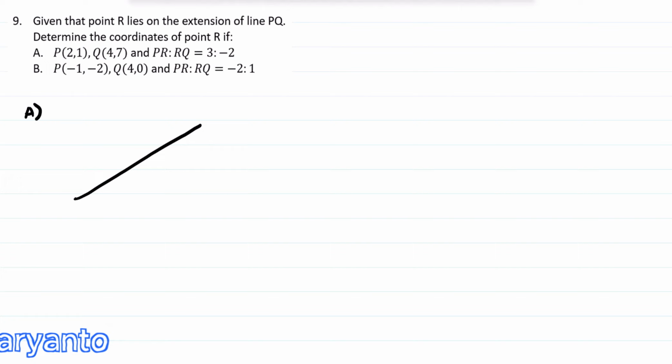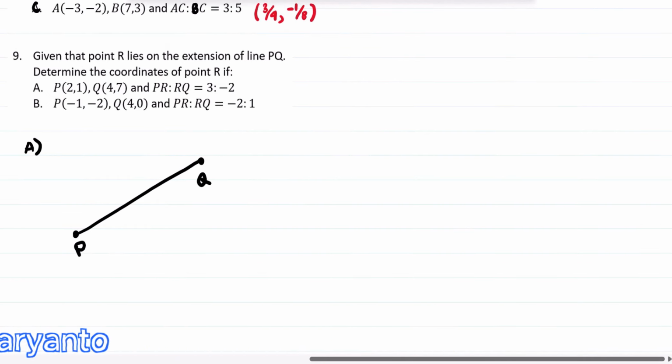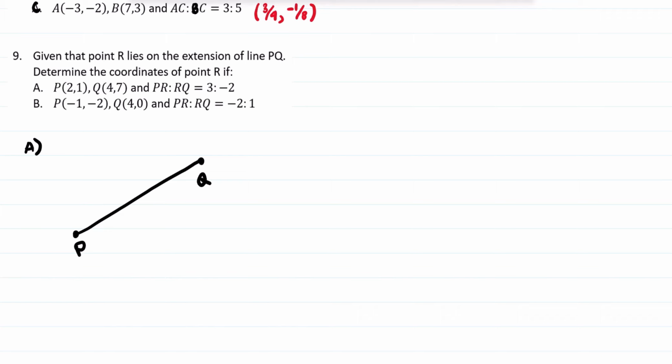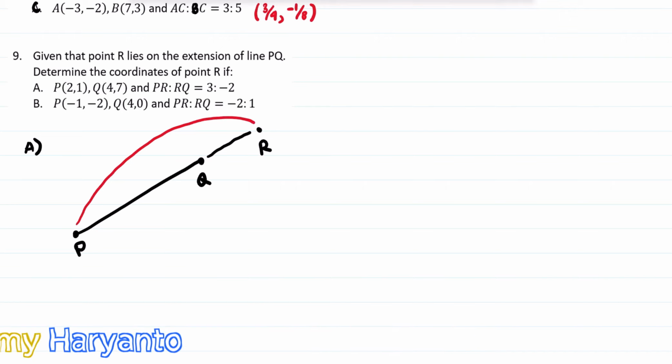Let's draw the PQ first. This one is P, this one is Q, and the question says the RQ has to be negative. PR is 3, RQ is negative. That means I think the R will be right here. So the PR is 3 and the RQ is negative 2.